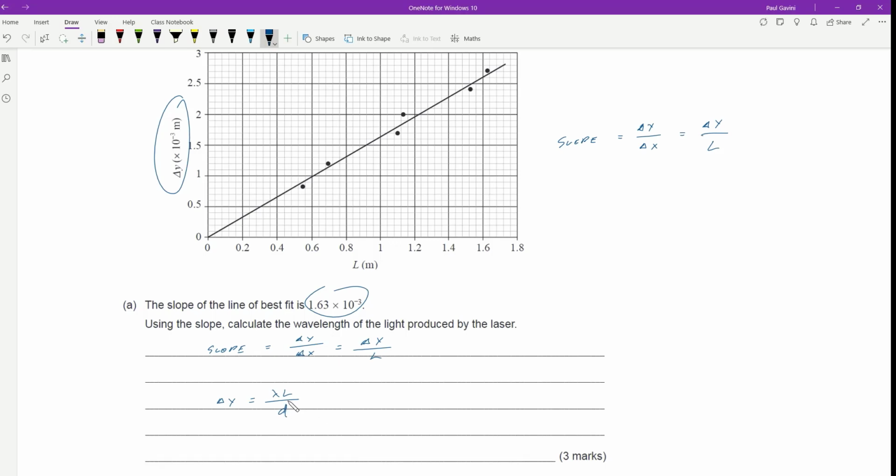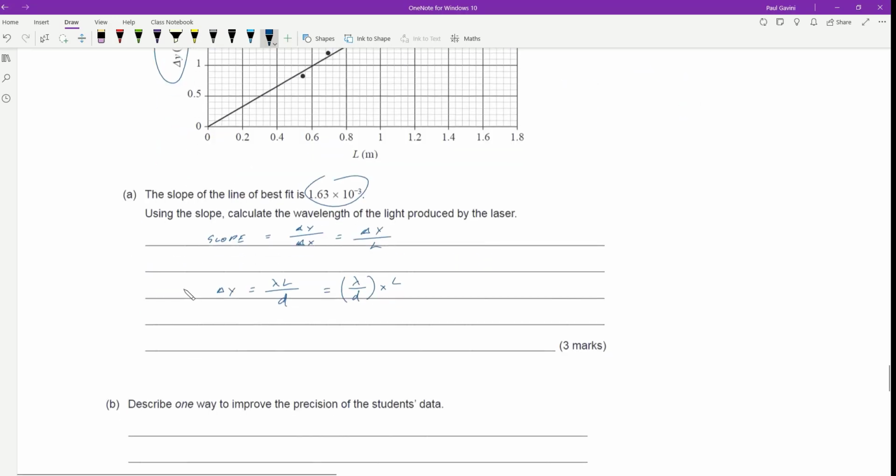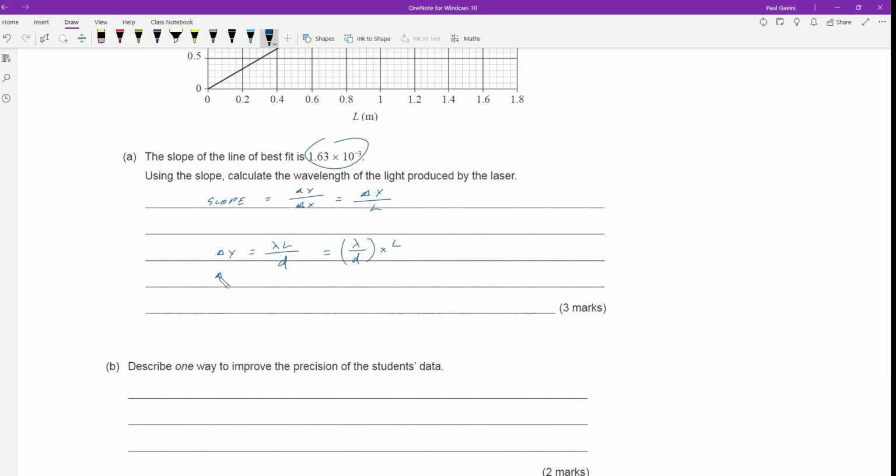If I rearrange this, that can also be expressed as wavelength divided by D times L. So if that's times L, on the other side it will be divided by L. So delta Y over L is going to be equal to wavelength divided by distance, which is equal to 1.6 times 10 to the power minus 3.